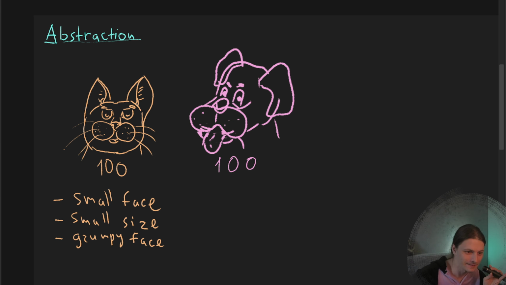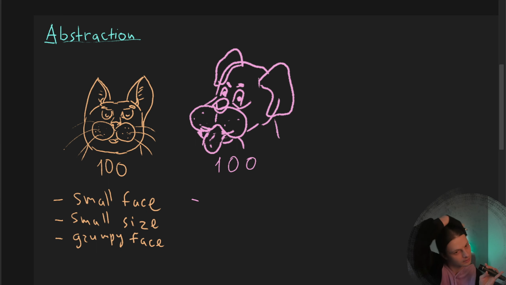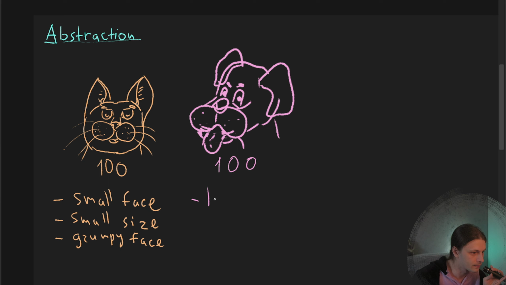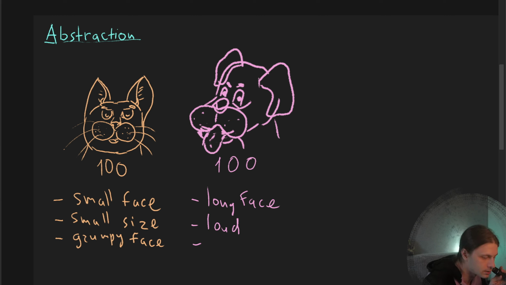And for the other one, we may use like large. Okay, not large size because sometimes the size is the same. So let's use long ears or maybe long face. Long face. Loud. And what else can we use for this second type of creatures?